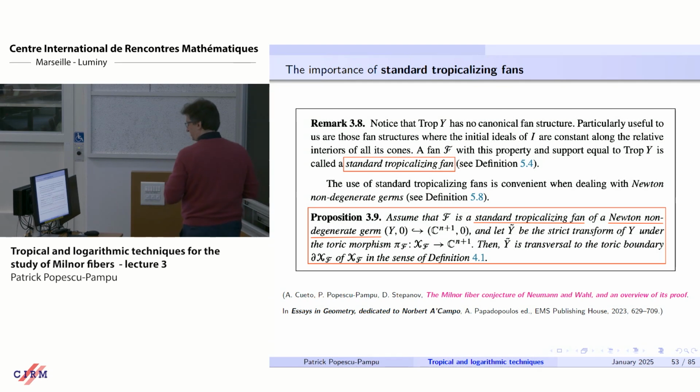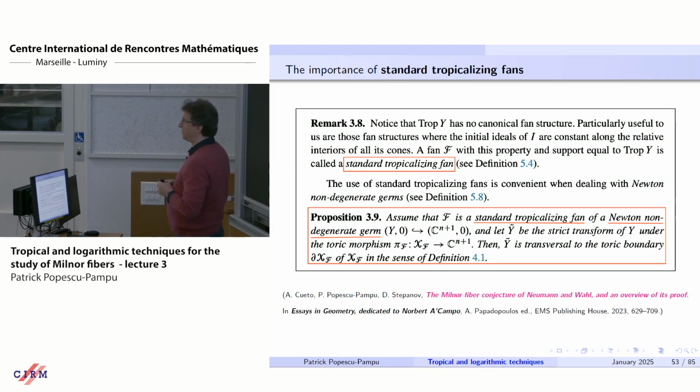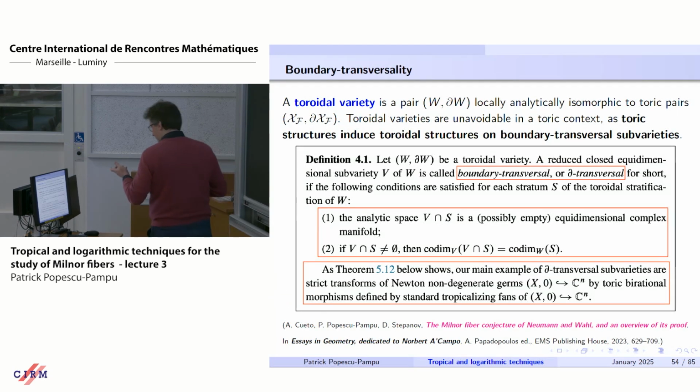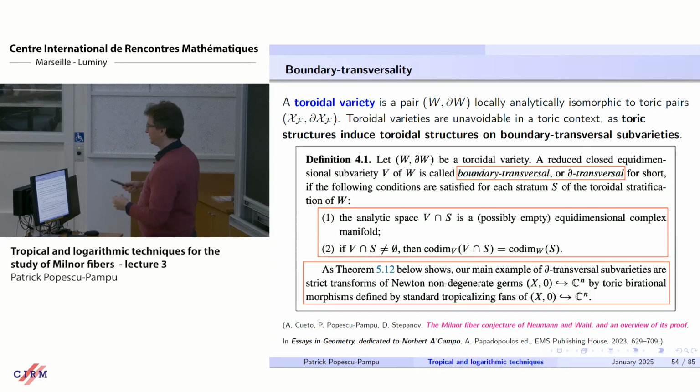But there is here an important point of difference. Here we do not ask regularity. So if you are in a toric variety which is possibly singular, you have to give a meaning to transversality. So that's why I show you the next slide in which I explain this. Imagine that you have something more general than toric.